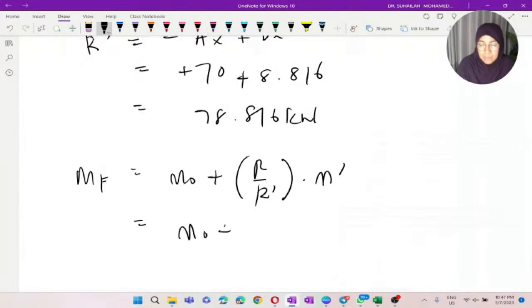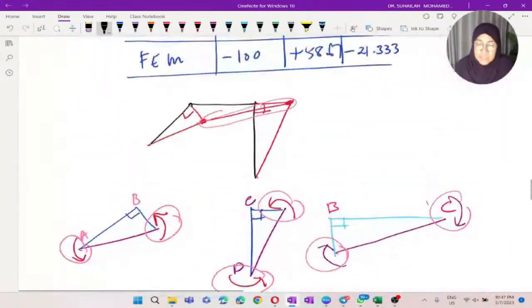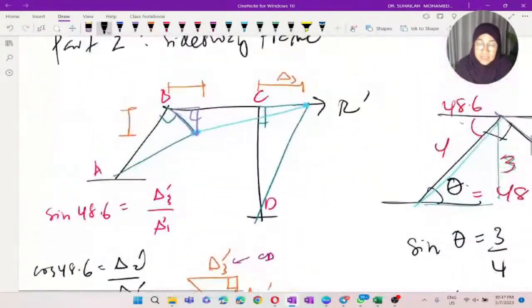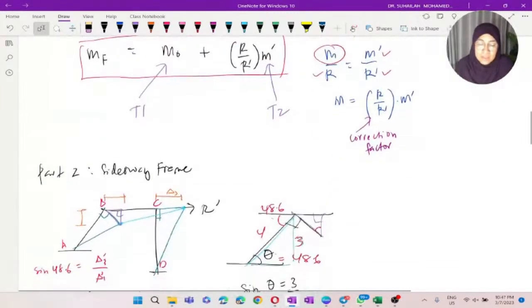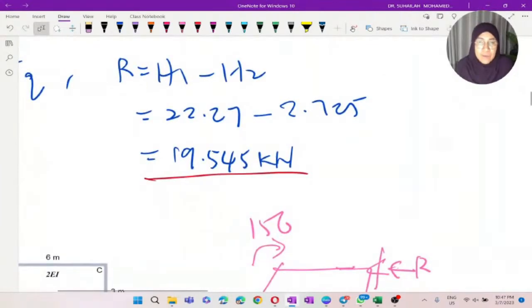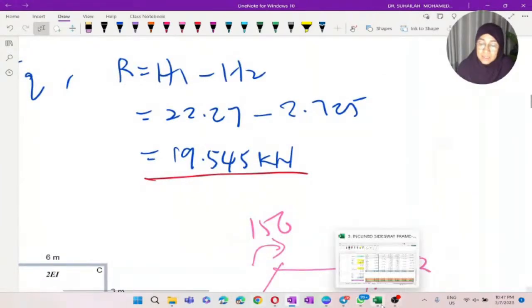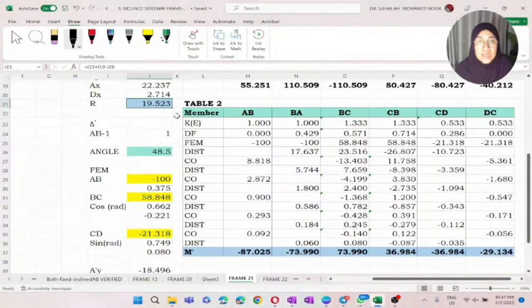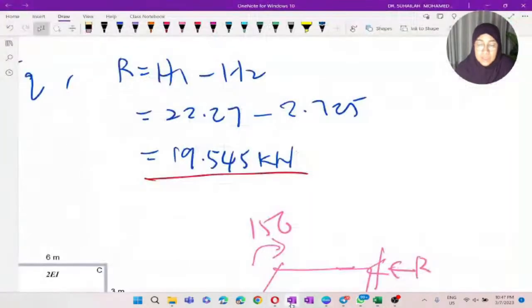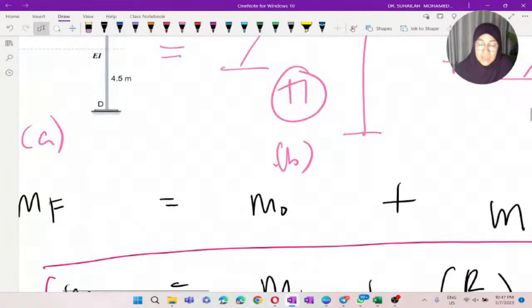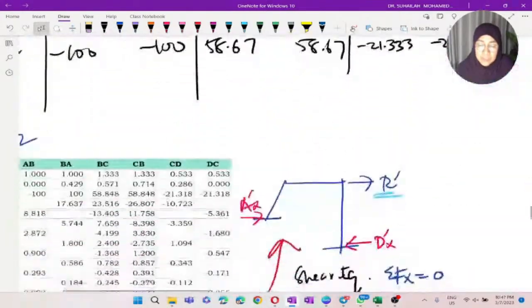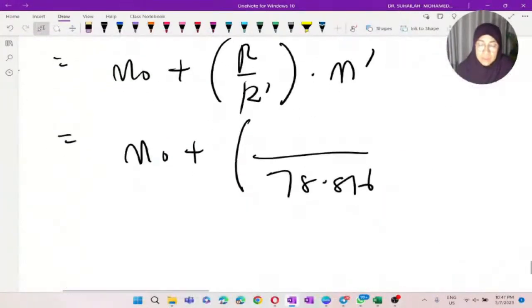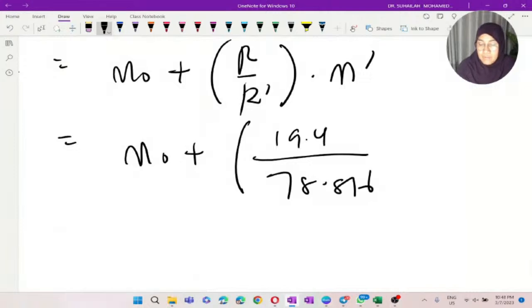So we get M naught plus, this one is 78.816, the R value from the first part of the analysis, and the R prime is, let me check, 19.545. So this is M prime.